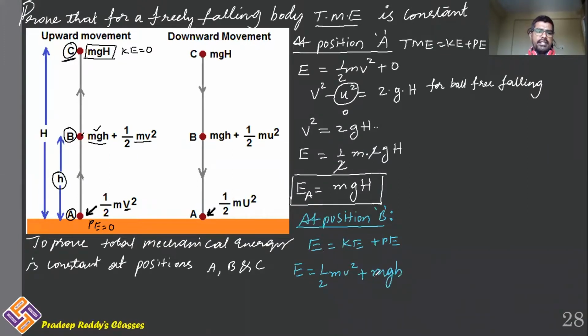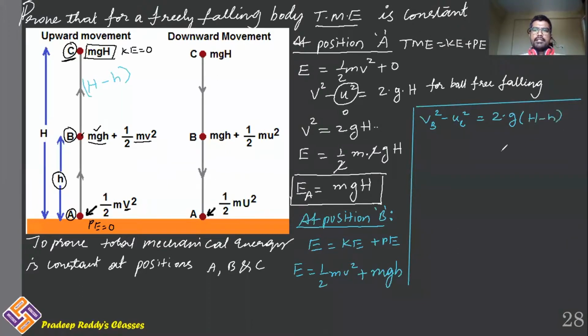Using the same equation, v square minus u square is equal to 2gh, when the body is coming from C to B, vB square minus uC square is equal to 2 into g into how much height it is traveling. This is capital H minus small h.